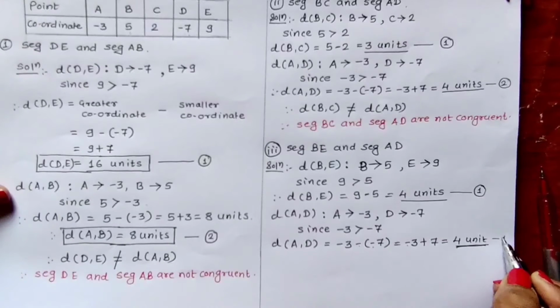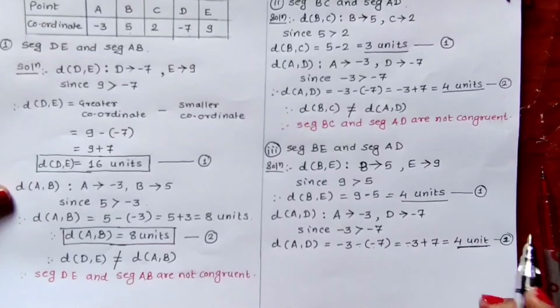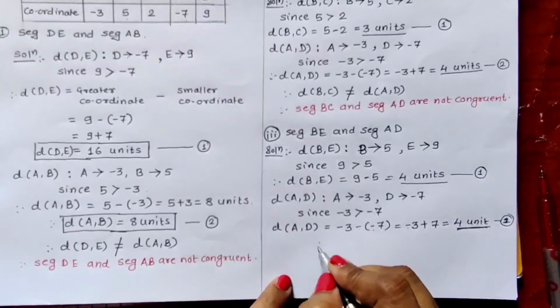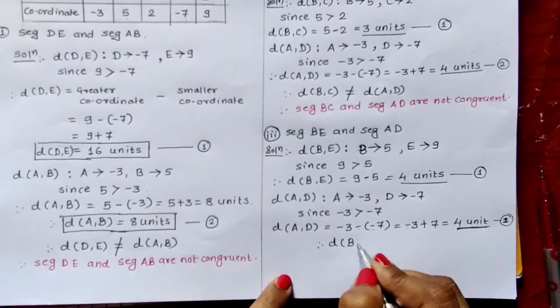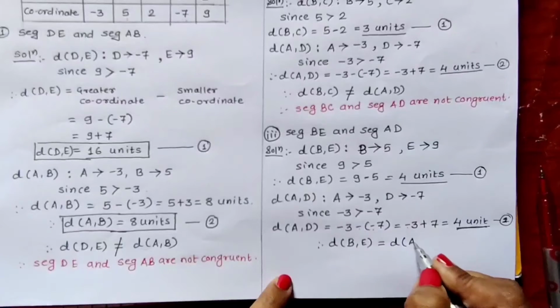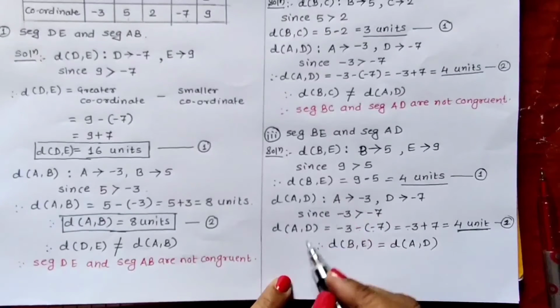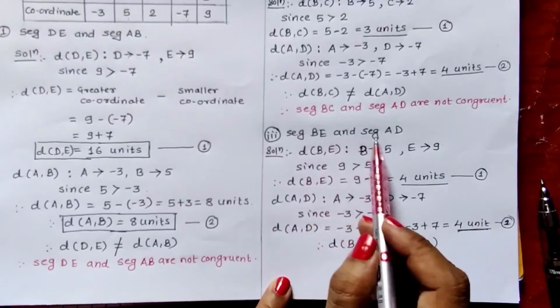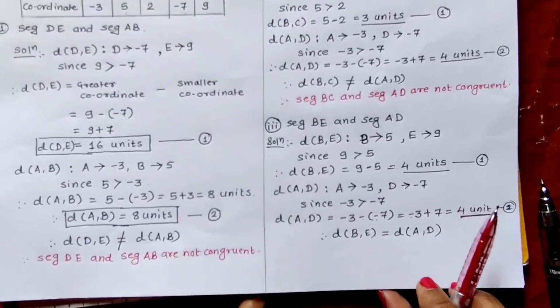So we are getting same answer for equation 1 and 2. That means distance BE and distance AD are equal. So here we will write, therefore distance BE is equal to distance AD. As BE and AD are equal, what does it mean? It means that segment BE and segment AD are congruent with each other.